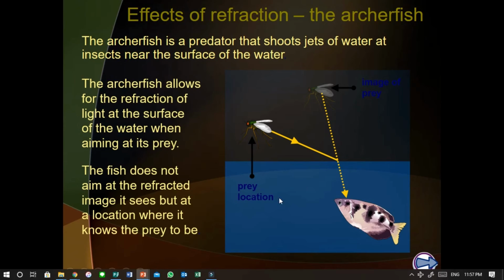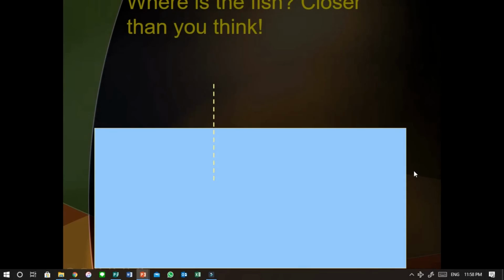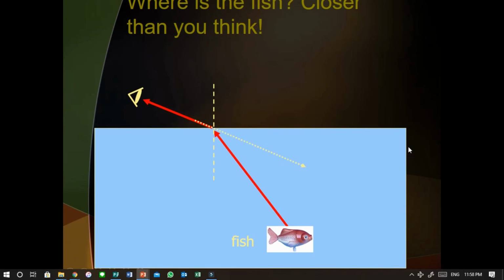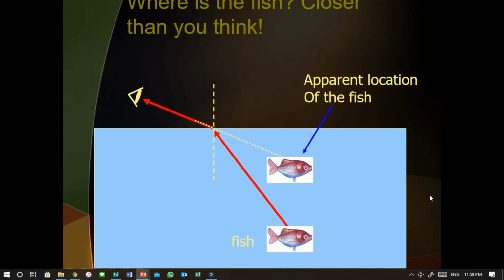So the fish does not aim at the refracted image, but he actually aims where he knows the prey is. Pretty smart fish. And this is what happens with refraction. The fish appears closer than it really is.